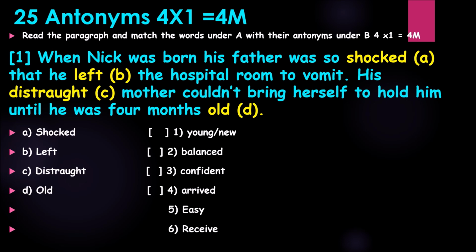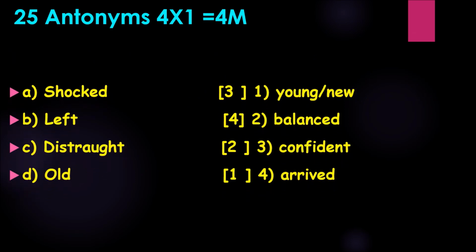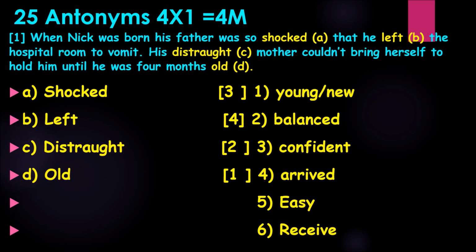I think you are trying now. Shocked, left, distraught, old. Let's look at the answers. Shocked: the exact word is 3 and it is confident. Left: the answer is arrived, because he left the hospital room.